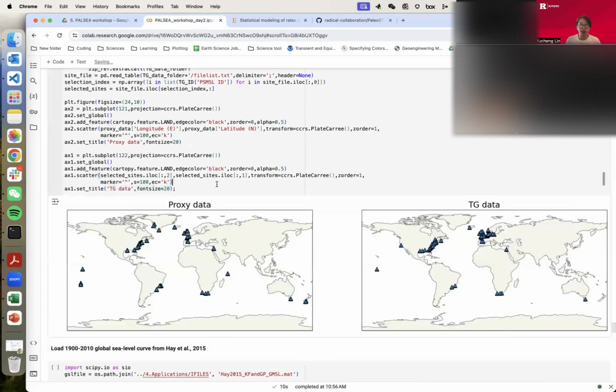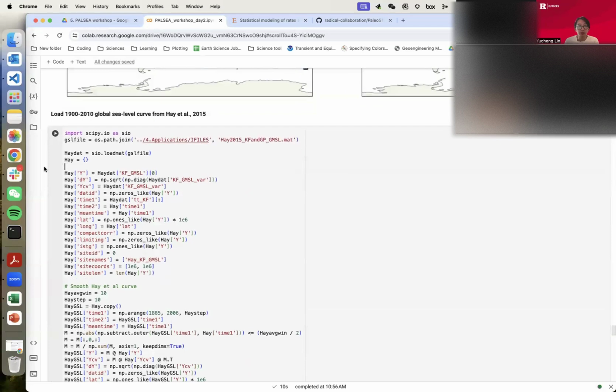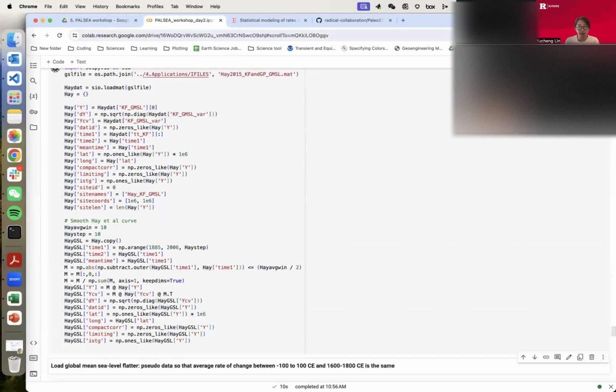Here we are loading the proxy data and tide gauge data, and then we are loading the global mean sea level reconstruction by Hay, 2016, I think.